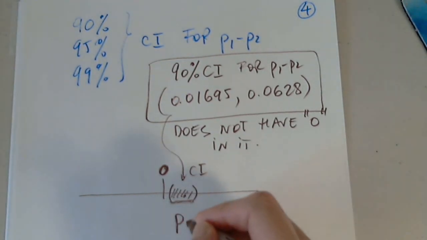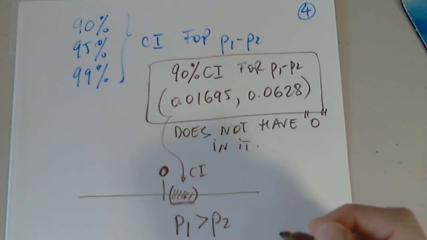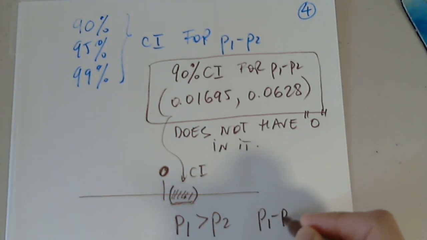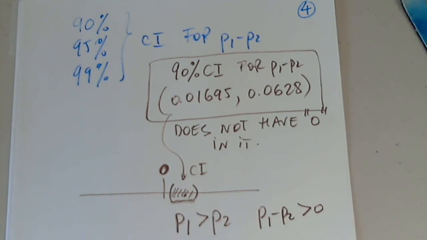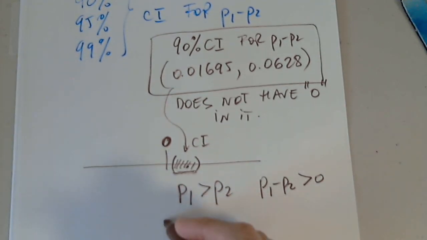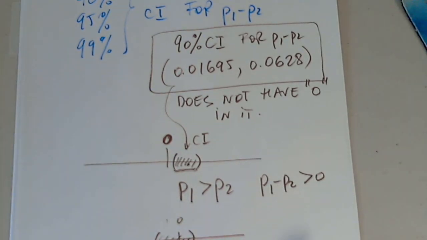So this says that P1 is indeed greater than P2, coming from this sample. How come? Because the answer, P1 minus P2, is a number that is positive. That means that P1 must be greater than P2 in order to consistently get a positive number. You can say not by much. That's possible. But still, P1 is greater than P2. Now, if I have a confidence interval like this, so this is the lower limit, and this is the upper limit of the confidence interval, but as you see, it includes 0. I cannot conclude that P1 is greater than P2.